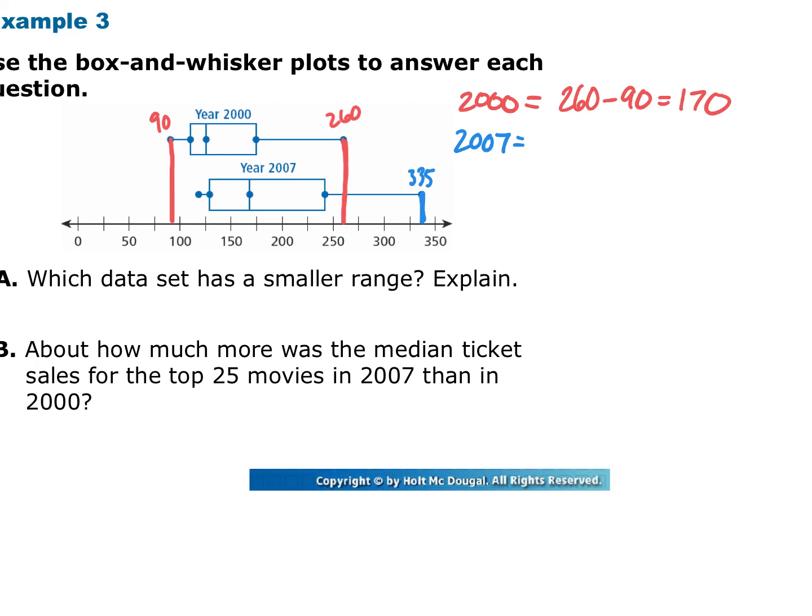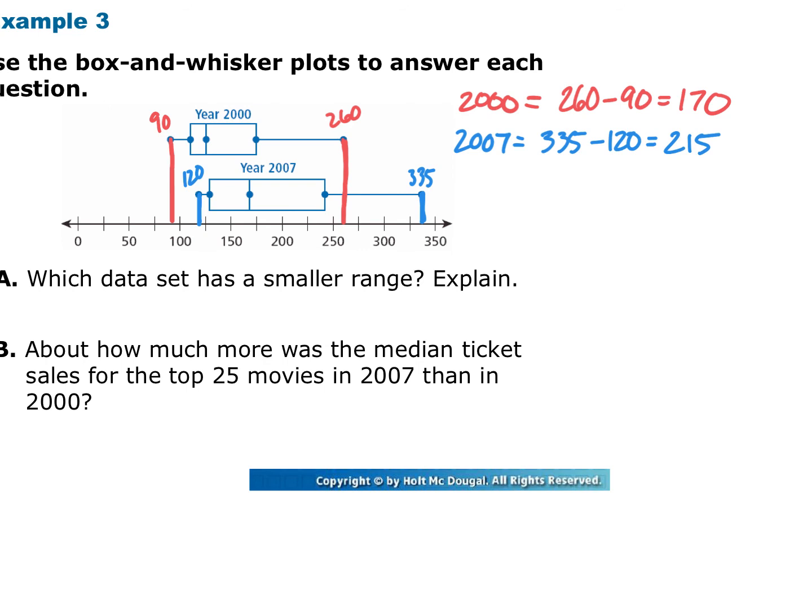And then as I come back and look at its smallest value, the same thing right here. It's bigger than 100, not quite 125, but pretty close to 125, so I'm going to guess it's 120. So then I'm going to go 335 minus 120, and I get what? 215.